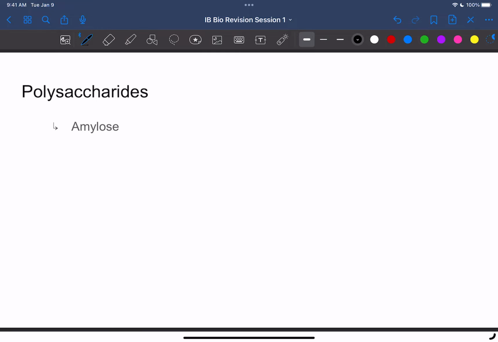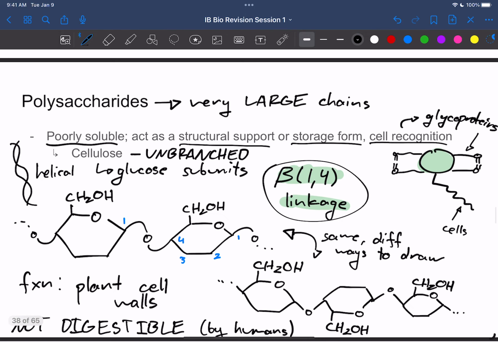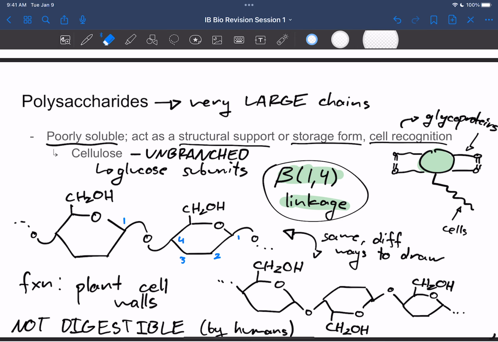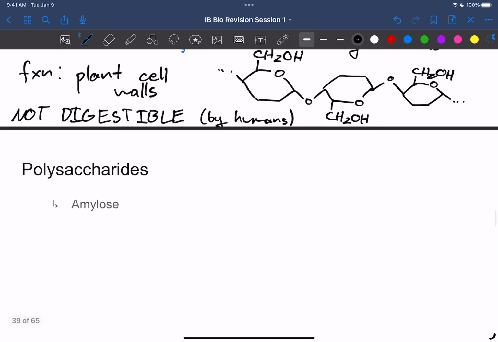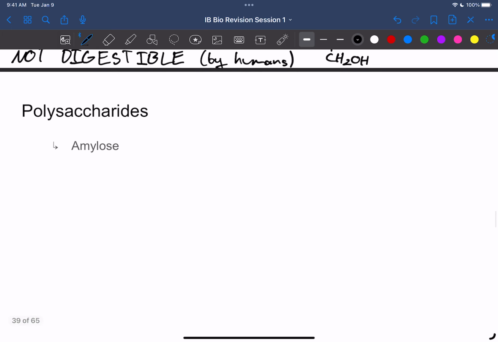Next, we have, oh my gosh, wait, no. My apologies. It does not, that's amylose. Cellulose has no helix. Amylose does. Cellulose looks like that, and it lines up basically in sheets, and it's what forms the plant cell walls. Sorry, guys. It's so early.